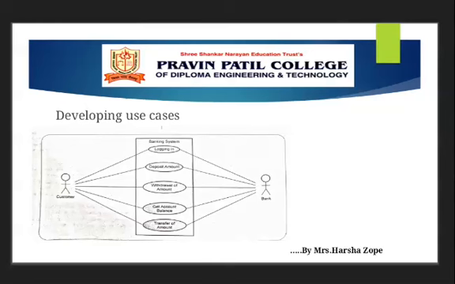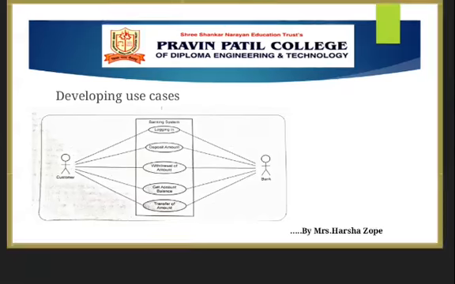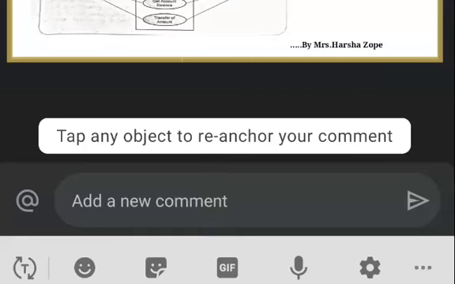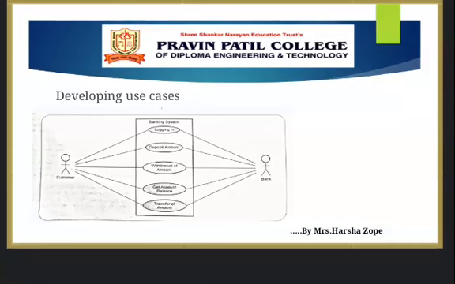the next is, inside the ellipse they have written the activities done by the particular customer and bank. First the customer will log in, then he will deposit the amount, then he can withdraw the amount, and then he can get the account balance and he can transfer to another account. These can be the activities done by the person.